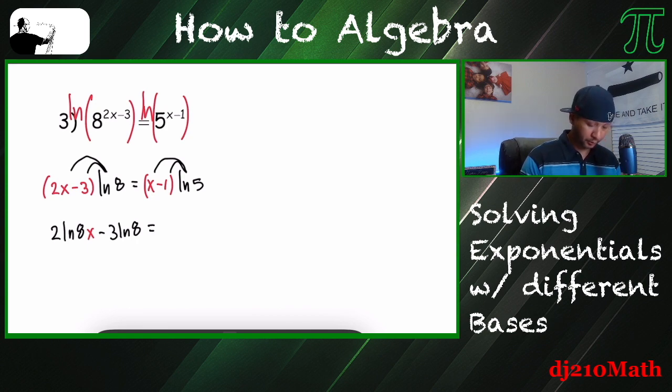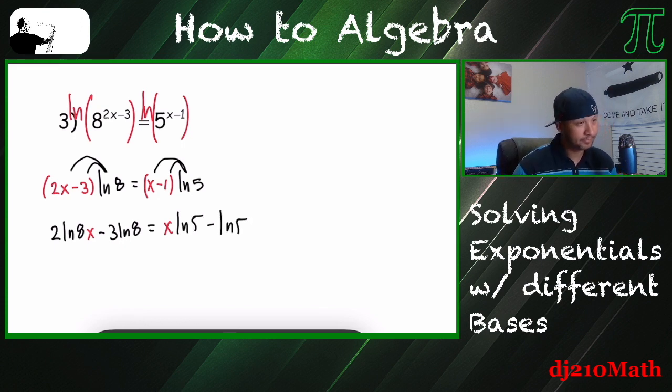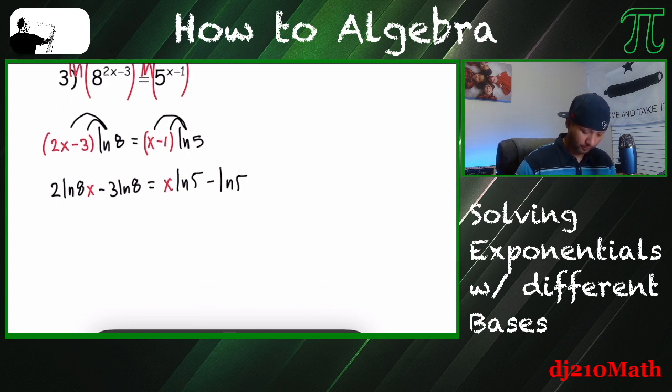This is equal to x natural log 5 minus natural log 5. Okay, again, everything with an x is going to go left. Everything without an x is going to go right. So I'm going to add 3 natural log 8 to both sides.